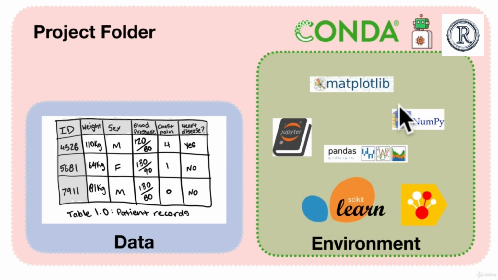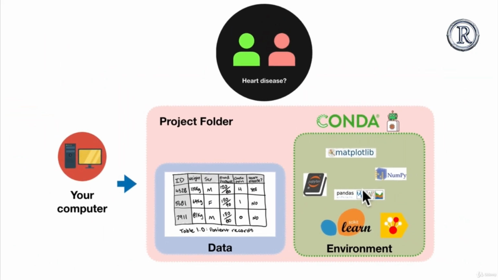A collection of tools or packages is called an environment. We use Conda to create the environment and then use it again to install different packages, data science and machine learning tools to it. Then, every time we work on our project, say classifying heart disease, we use the tools within our environment. So let's walk through this. You've got your computer, you want to start a new project, such as working on heart disease.